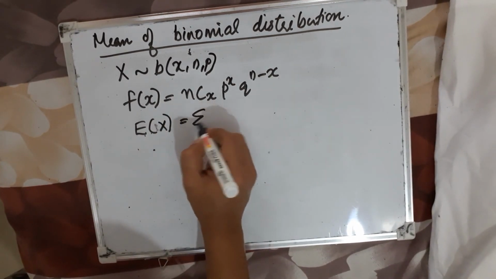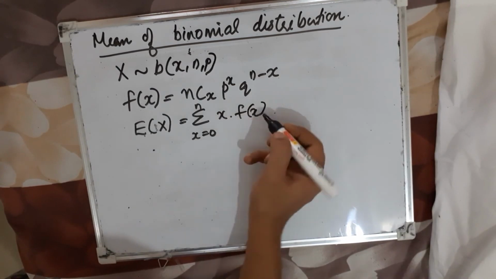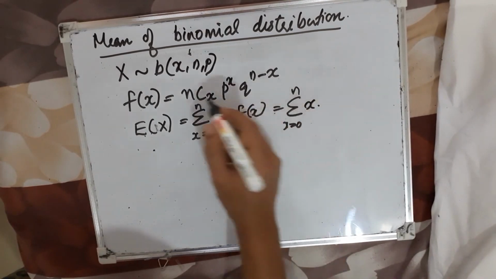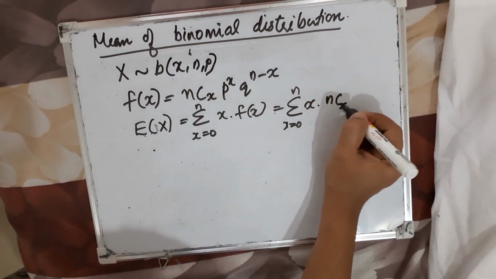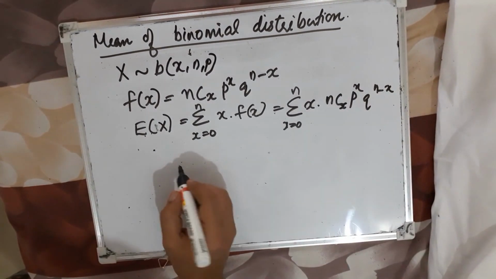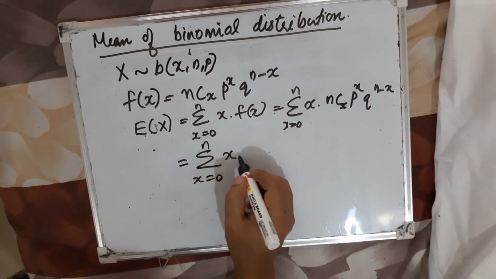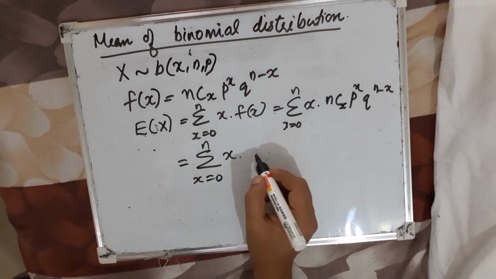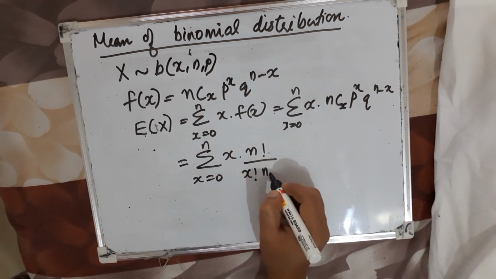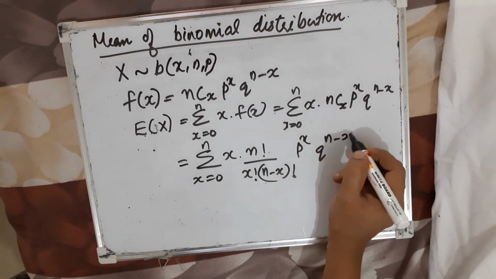It is equal to sigma x equal to 0 to n of x into f(x), which is equal to sigma x equal to 0 to n of x into nCx p^x q^(n-x). nCx can be written as n factorial by x factorial into (n minus x) factorial.